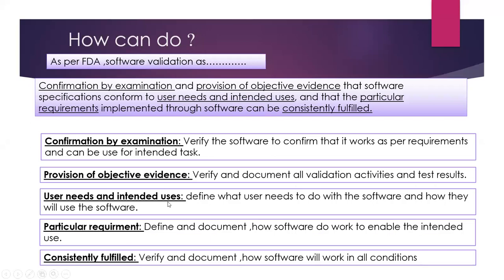User need and intended use: define what the user needs to do with the software and how they will use it. Particular requirements: define and document how the software works to enable the intended use, and then consistently fulfill, verify and document how the software will work in all conditions. Means consistency is also required. After validation, it doesn't mean validation alone is okay. After some time, a frequency should be set to check the validation.